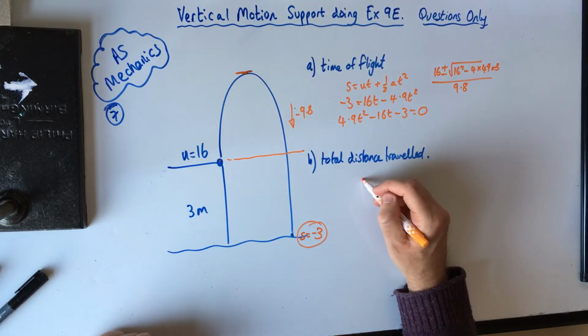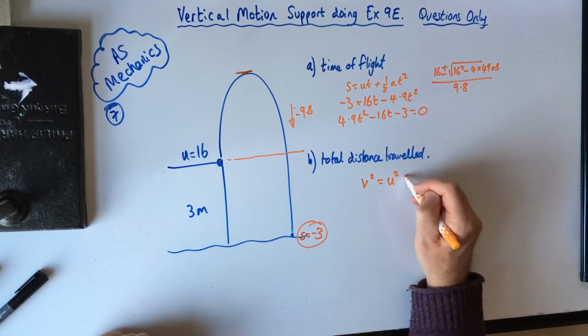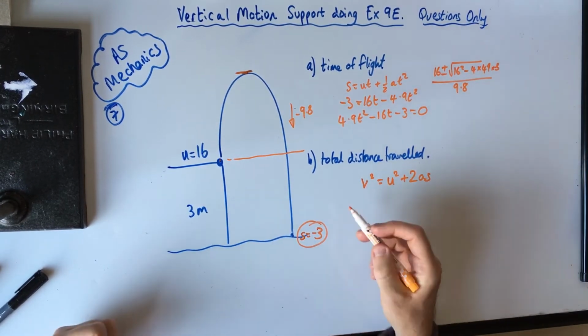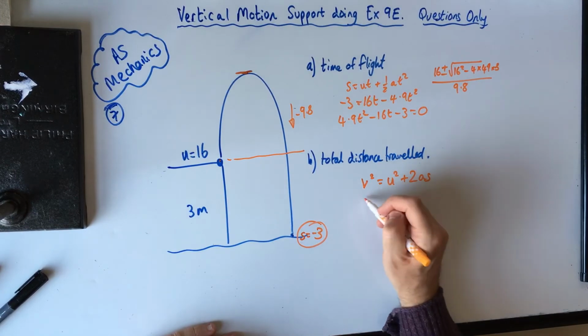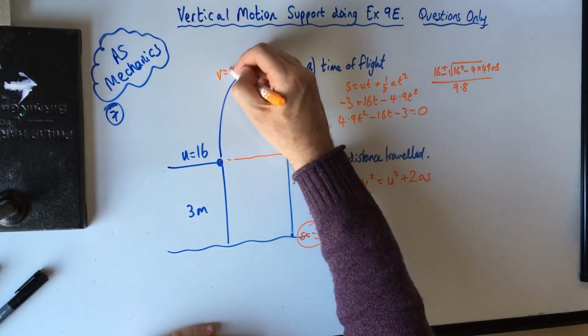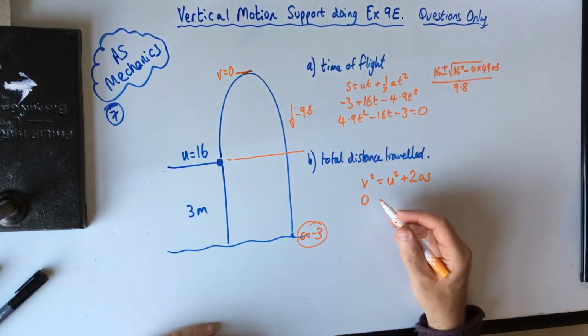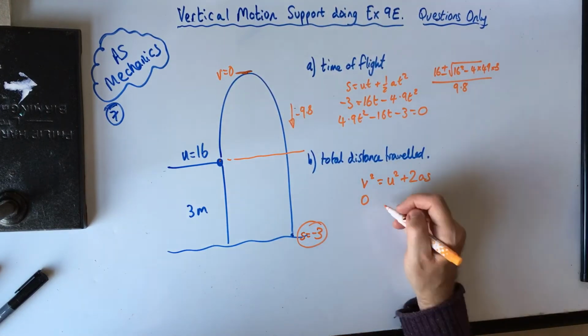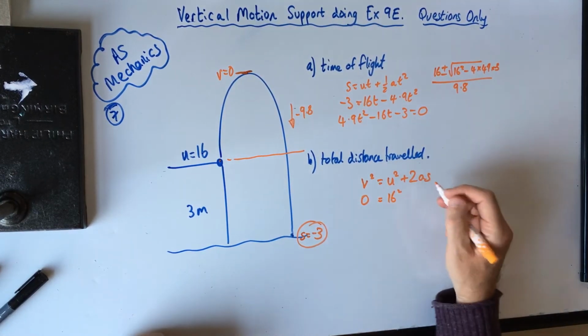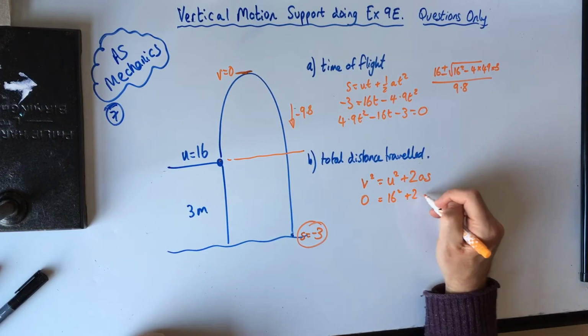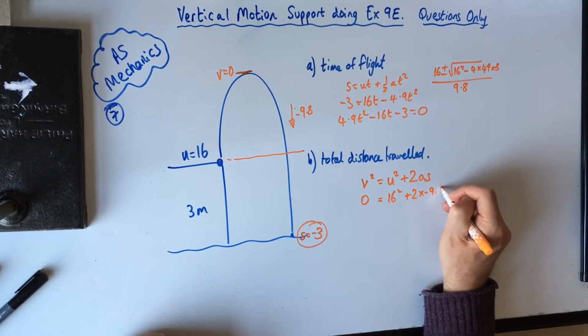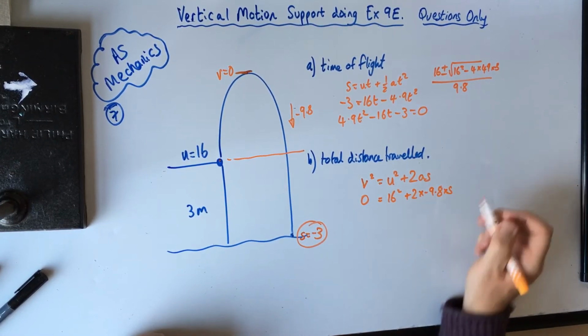So for that one, you're just going v squared is equal to u squared plus 2as. That's all you're doing. So you know at the highest point v is 0 because it stops, doesn't it, and then comes down. So the velocity is 0 at that point. We always have that. So 16 squared plus 2 times minus 9.8 times s.